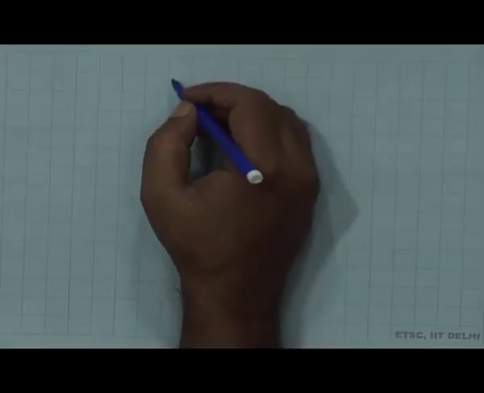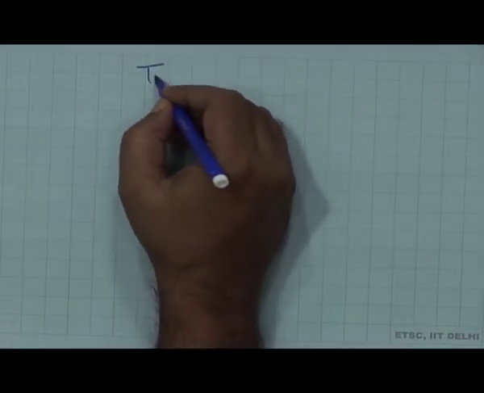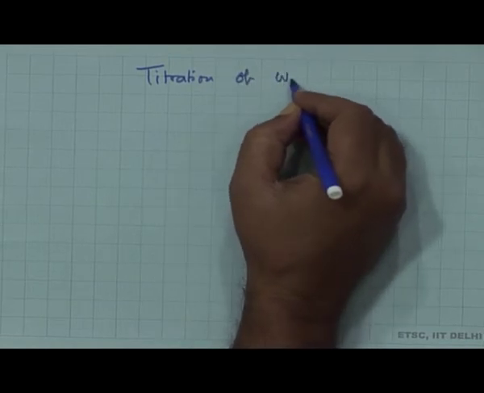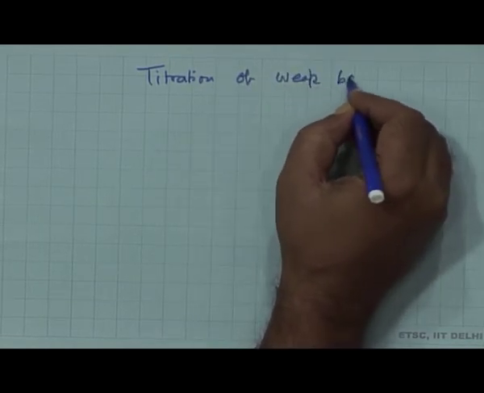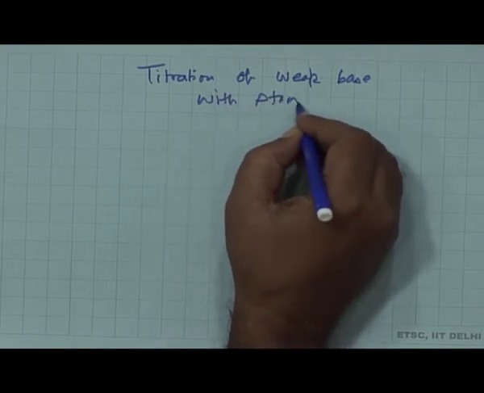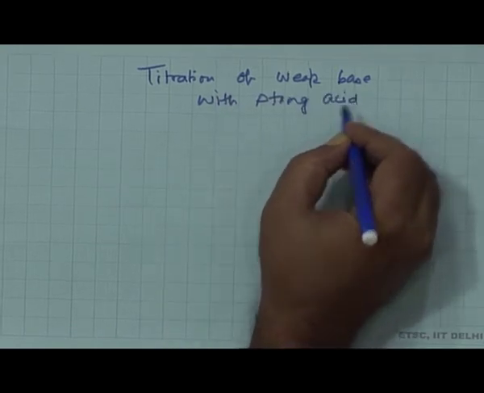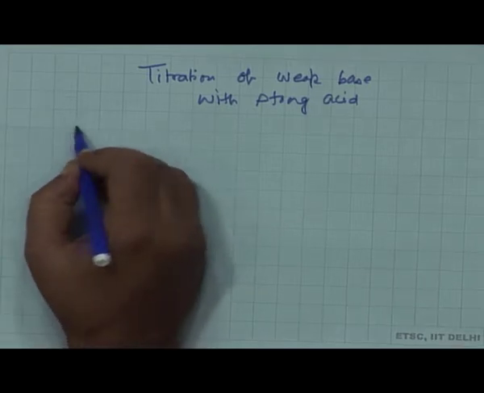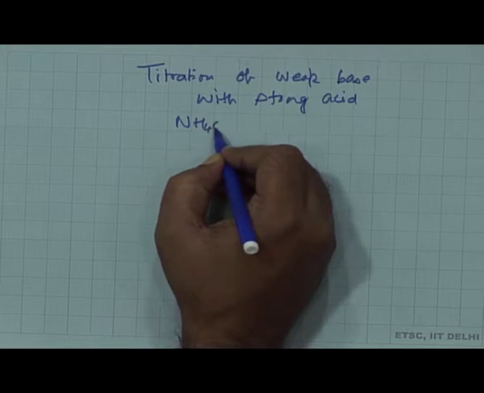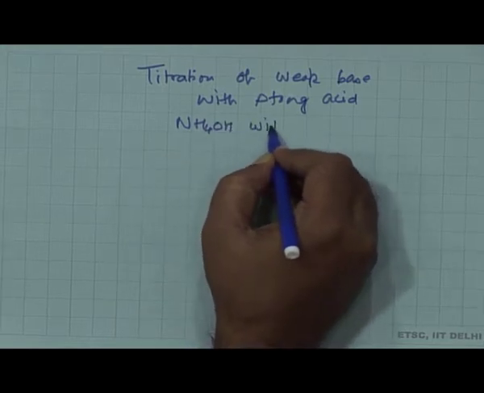Similarly, we can do titration of a weak base with a strong acid, for example, ammonia solution with HCl.